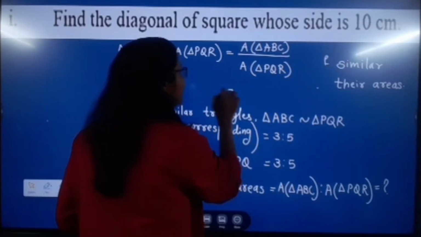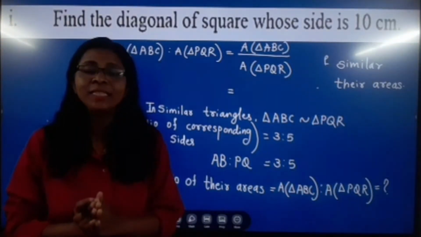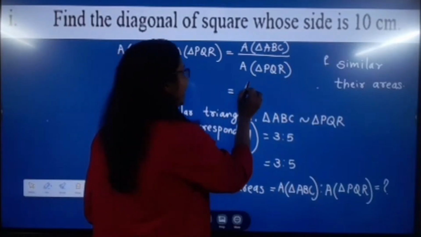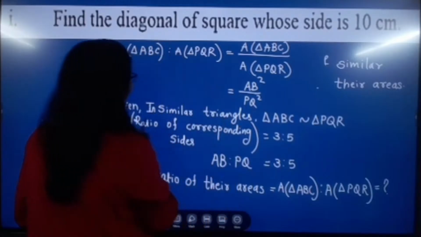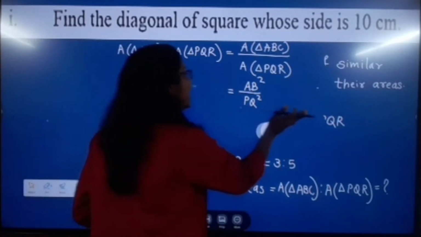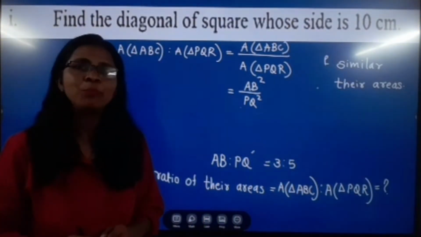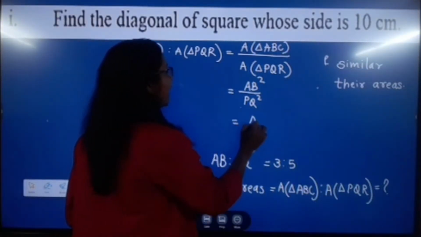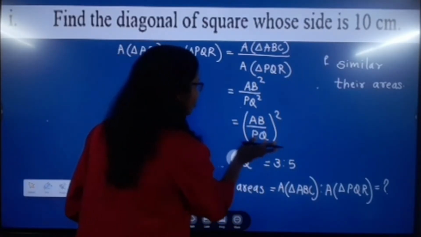Students, you know the theorem of areas of similar triangles. The ratio of areas of similar triangles is equal to the square of the ratio of the corresponding sides, so AB square upon PQ square, that means (AB upon PQ) whole square.